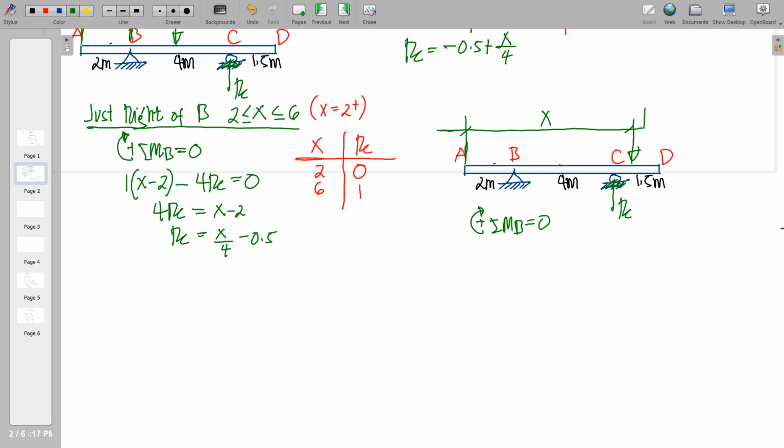So taking moments at B, we have 1, the distance from A is also x minus 2.